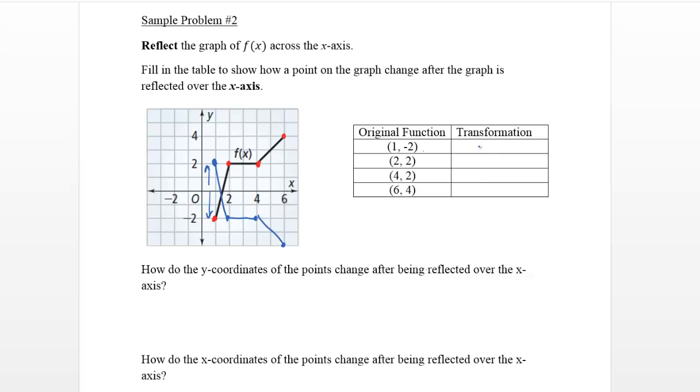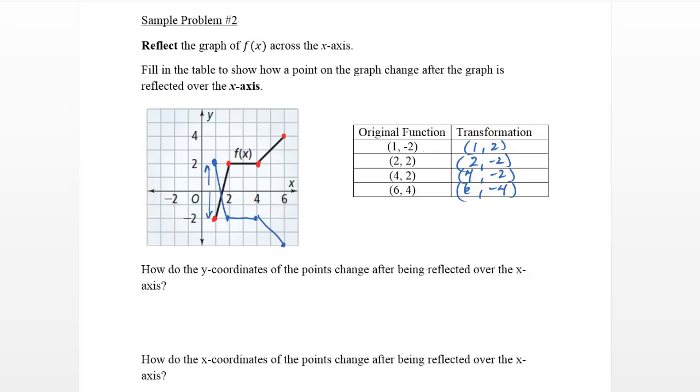The first one is 1, 2. The next one is 2, negative 2. We have 4, negative 2. And 6, negative 4.